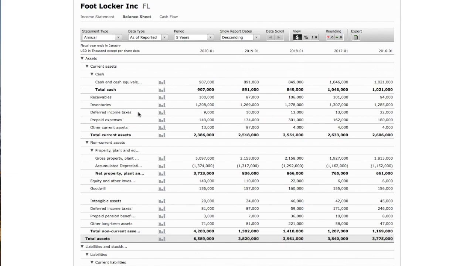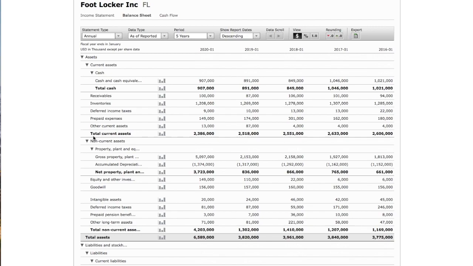The rest of the current assets consist of money the company is owed back for various reasons, such as deferred income taxes, which means Foot Locker paid more than was necessary for their income taxes, or prepaid expenses, which represent the expenses they incurred that did not yet provide them with any revenue. In total, we can see that Foot Locker has a whopping $2.4 billion in current assets, roughly half of that in cash or cash equivalents.